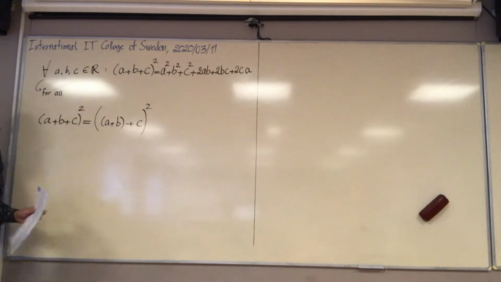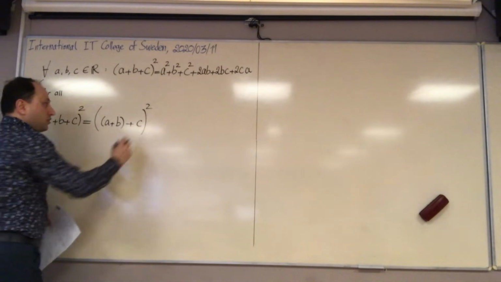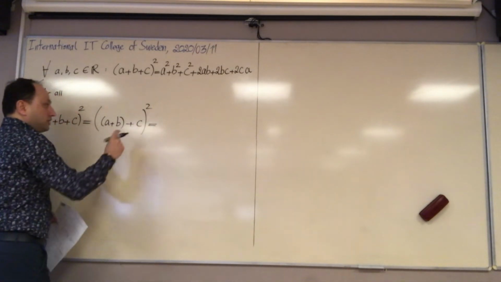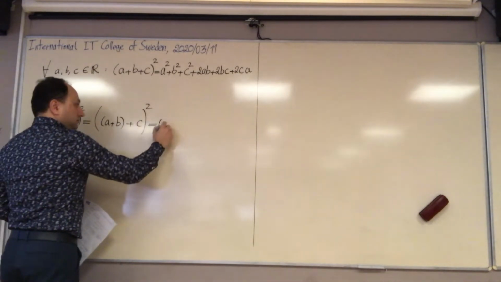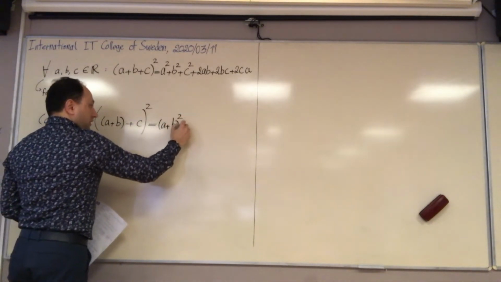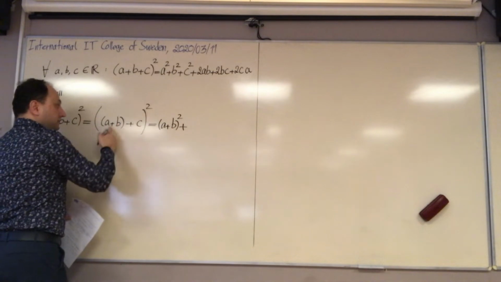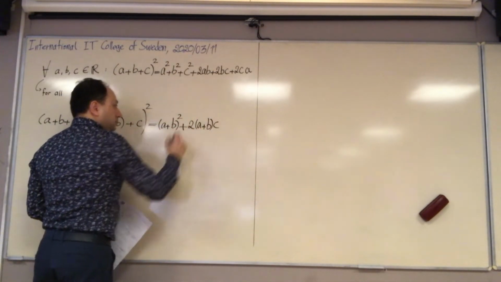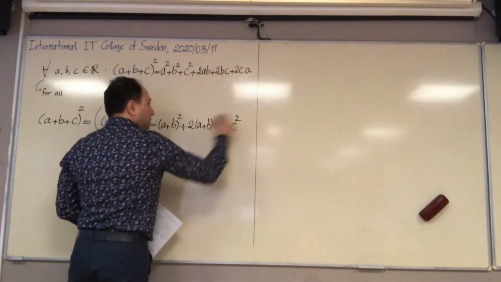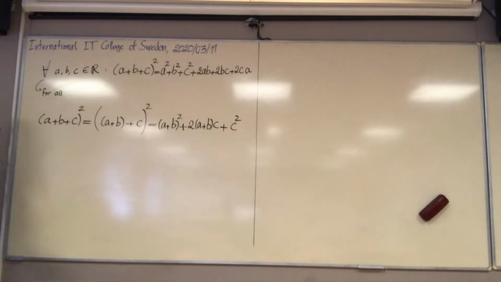So I have 2 terms added together, and I want to square it. So I use the quadratic rule. The quadratic rule tells me that you need to square the first one, which is this one, plus 2 times the first one times the second one, plus the second one squared. So this is the quadratic rule, yes?